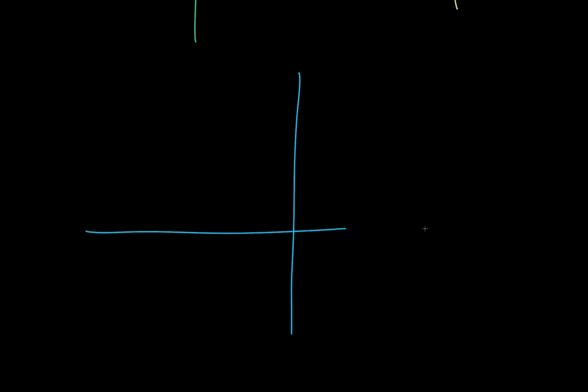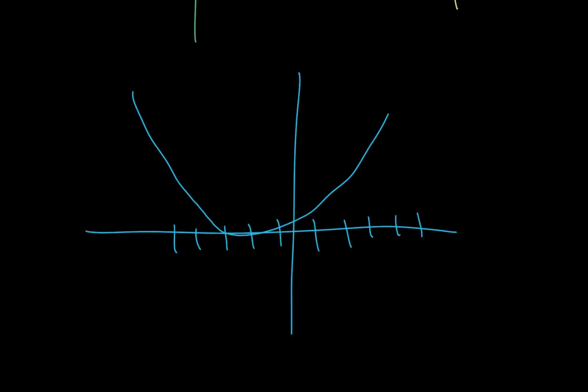We're going to have this, and I'll just draw something like that. 1, 2, 3, 4, 5. So let's say the problem asks us to find the average rate of change on the interval from -2 to 1.